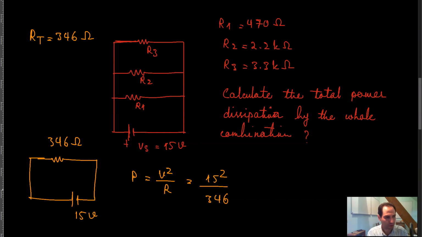Divide that by 346 and you get 0.65 watts, which is equal to 650 milliwatts.